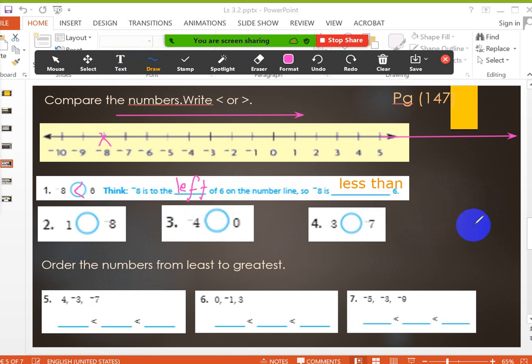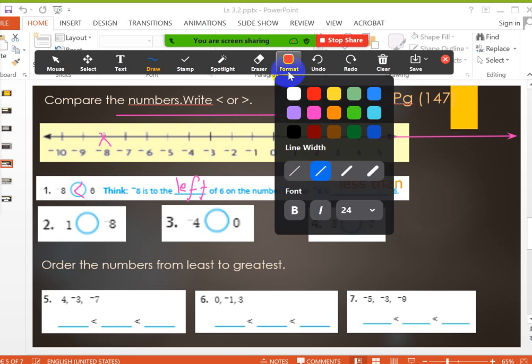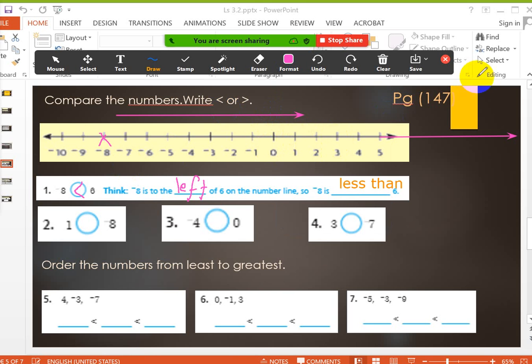On the left side. I already drew negative 8 here. Now, what about 1? At the right. Very good. On the right side. This is 1. Which one is the greater number? 1 or negative 8? 1. Very good. 1 is greater than negative 8.